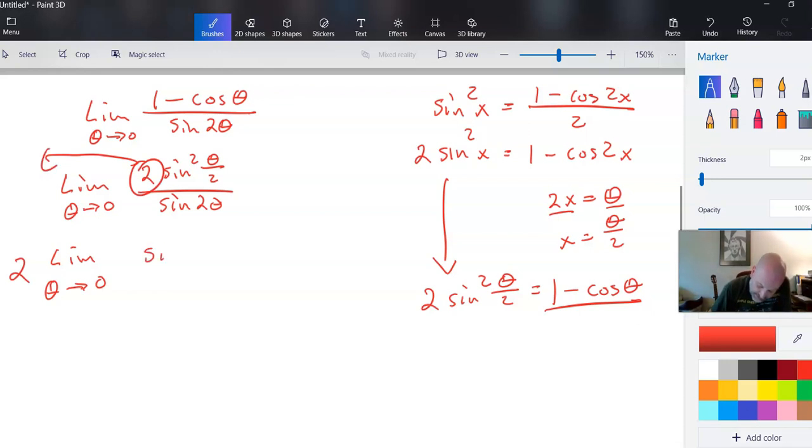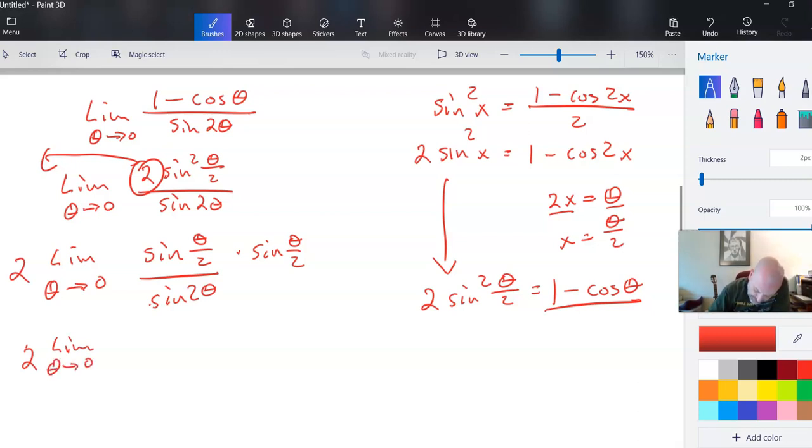And so this is now sine theta over 2, times sine theta over 2. So I'm splitting up the square. And then I can just put the sine 2 theta here. Well, this helps us quite a bit. This now is sine 1/2 theta, and this is sine 2 theta, times sine theta over 2.